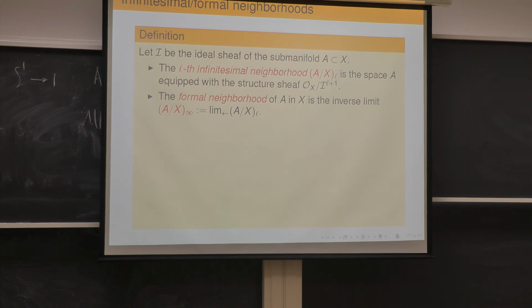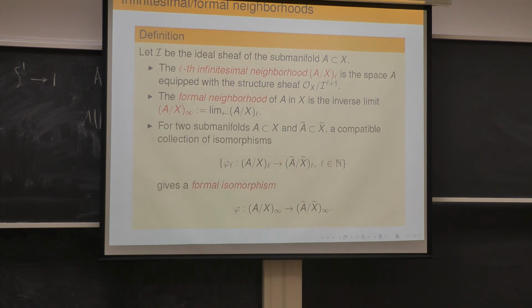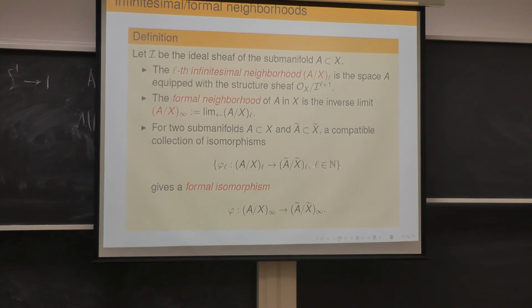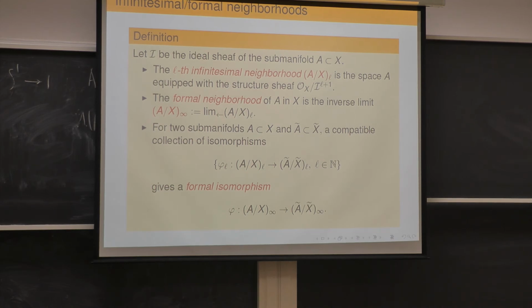And then the formal neighborhood means the collection of all these finite order neighborhoods. And a formal isomorphism of the formal neighborhoods means a collection of isomorphisms of these finite order infinitesimal neighborhoods for all orders, such that they are compatible with each other under the obvious restriction maps. So that is the notion of formal isomorphism.